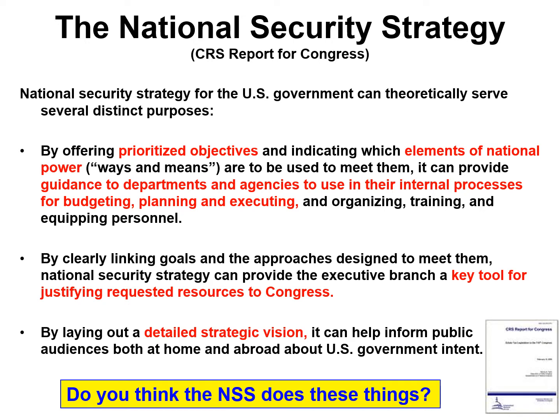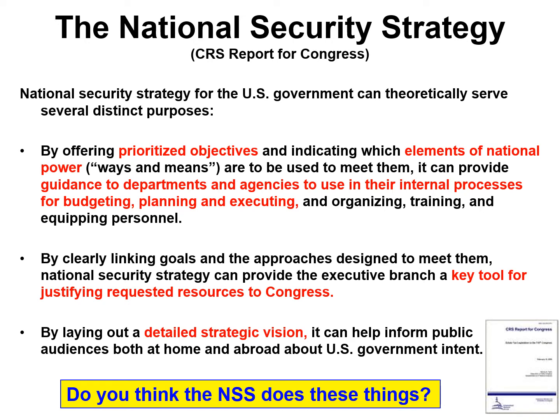And the report is used routinely as we go forward from the executive branch to the legislative branch to try and justify various requests for funding for different kinds of programs. It can also, because it's not a classified document, inform the public, both here and overseas, as to what it is the United States government intends to do.